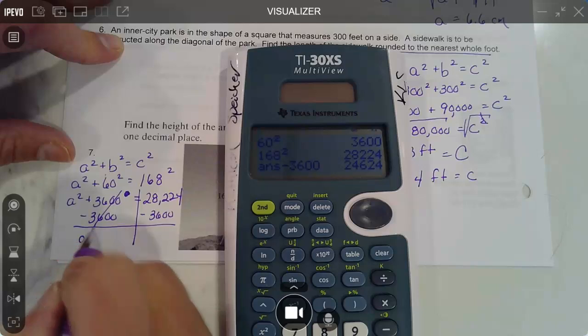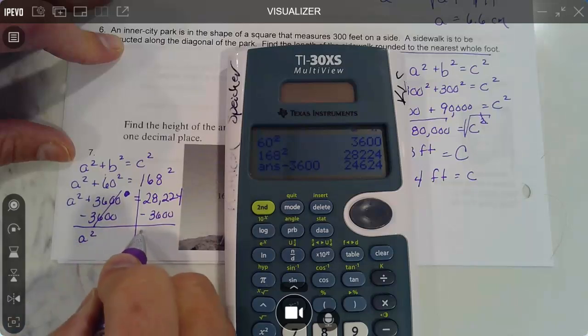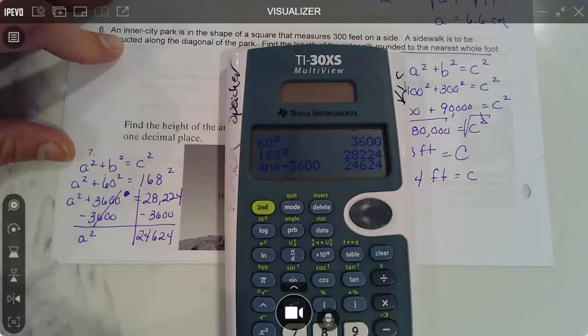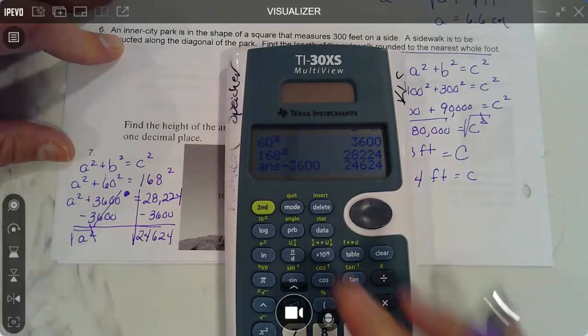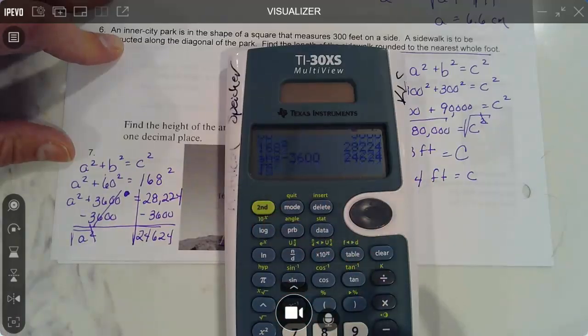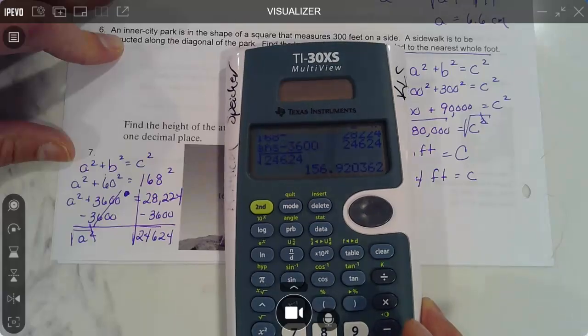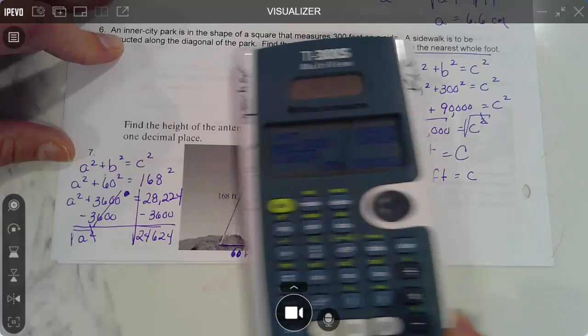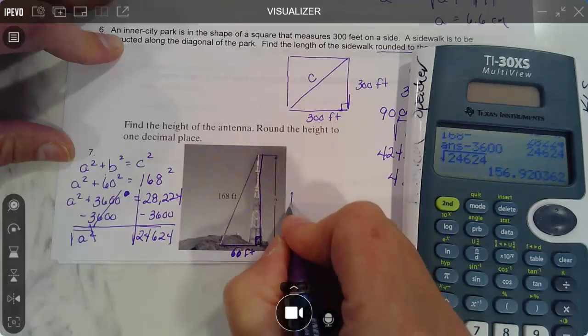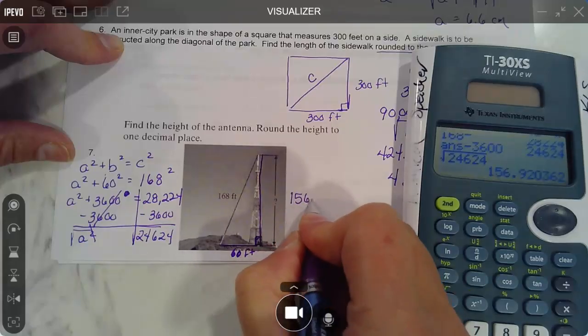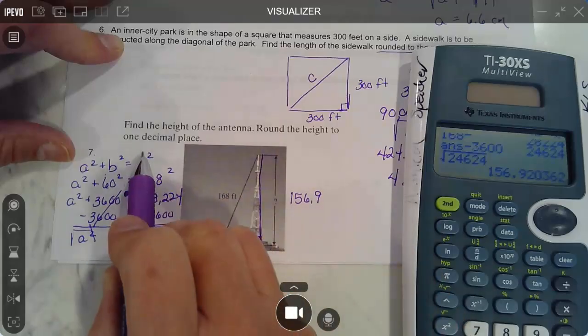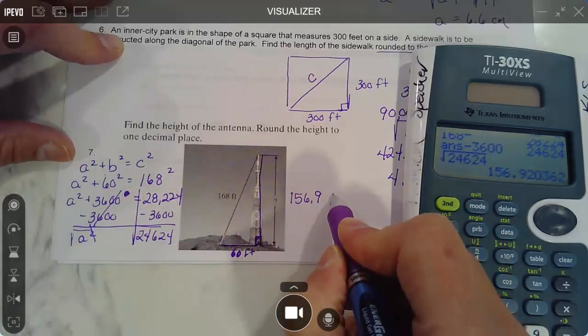Okay, and then to undo the square, we take the square root. So the square root of 24,624 is 156.9. So it looks like the antenna is 156.9, one decimal place, feet tall.